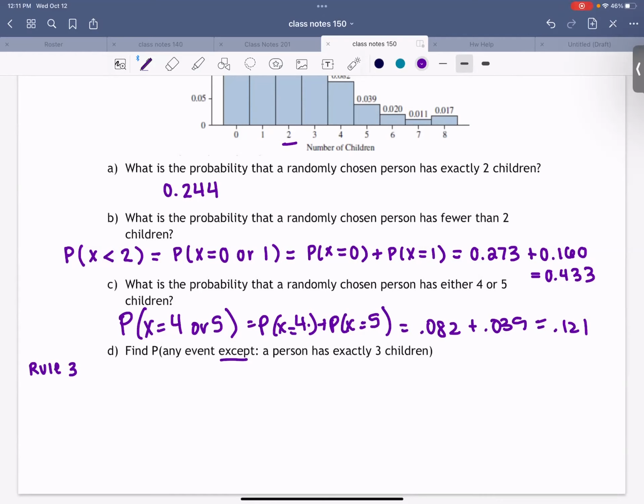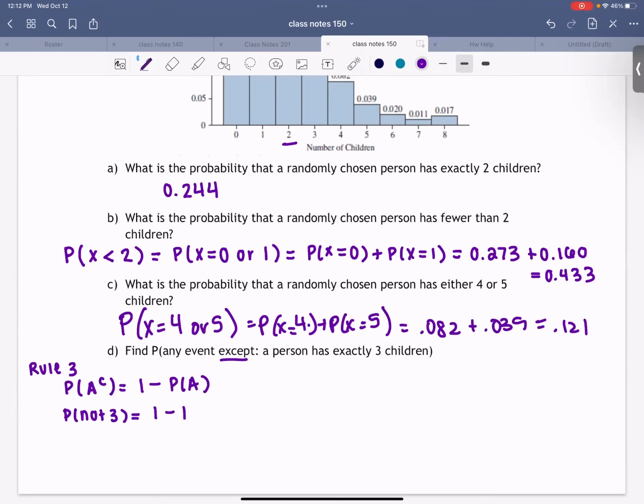And that says, if I have an event A complement and I want to find its probability, and I know the probability of its opposite, or A, I can just do 1 minus that probability, okay? So I want to find the probability of not having 3 children, right? Probability of not 3.